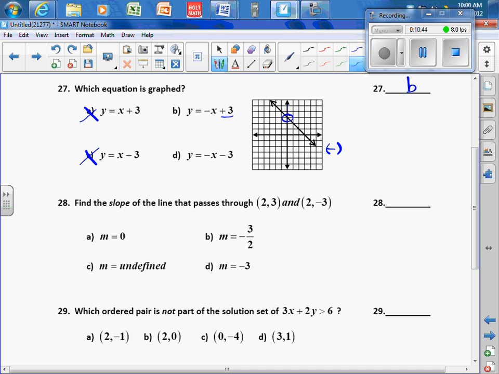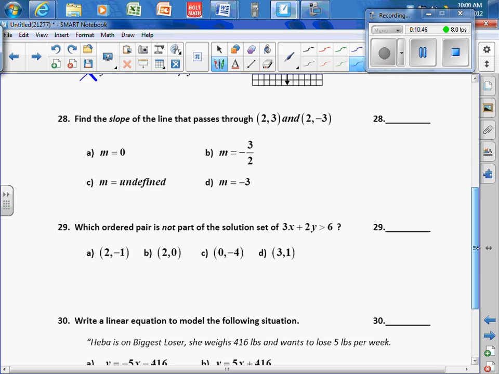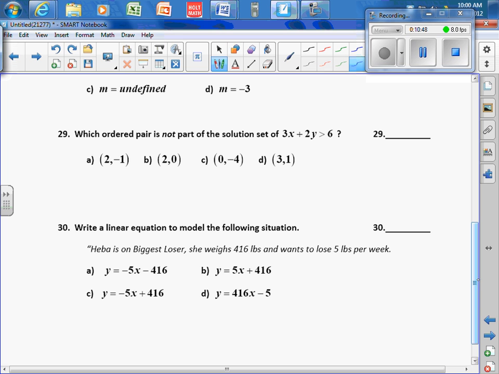In number 29, which ordered pair is not a part of the solution? Well, what I need to do here, class, is put the x in for the x, put the y in for the y, and see which one of these we get greater than or equal, greater than 6. So I'm going to take 3 times 2 plus 2 times negative 1, and I want to know, is that greater than 6?